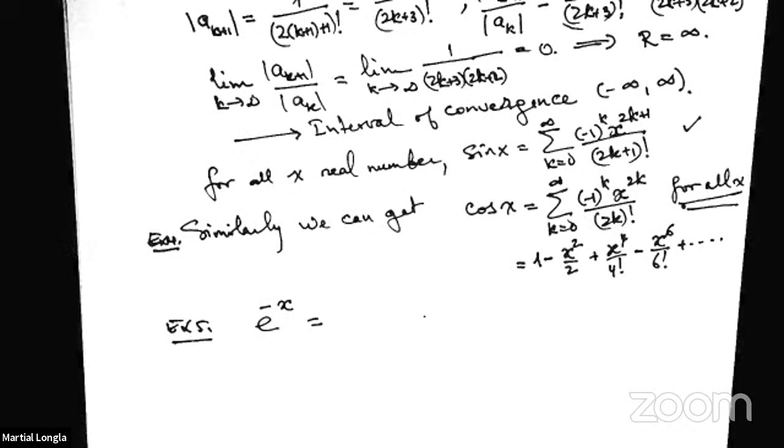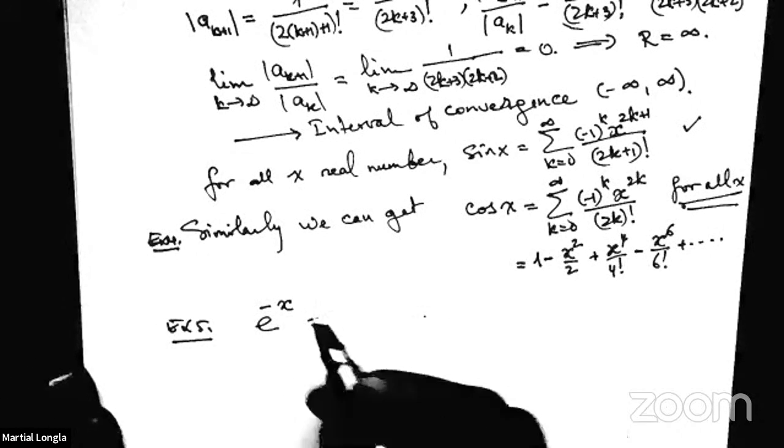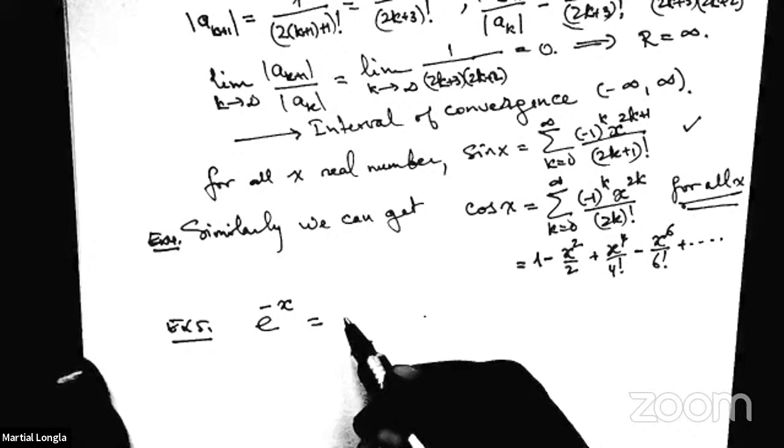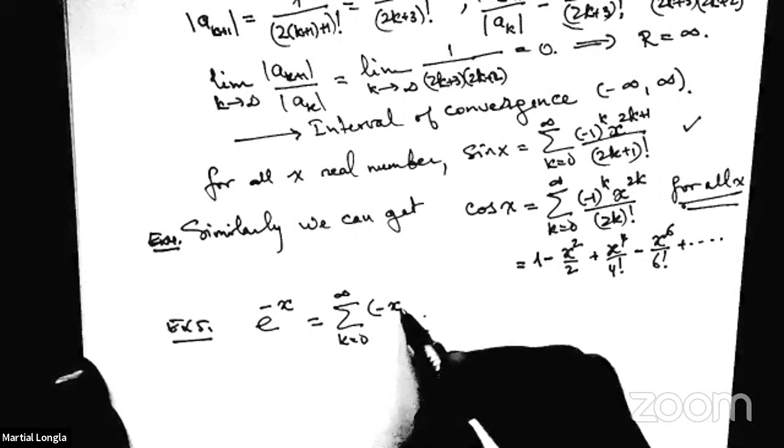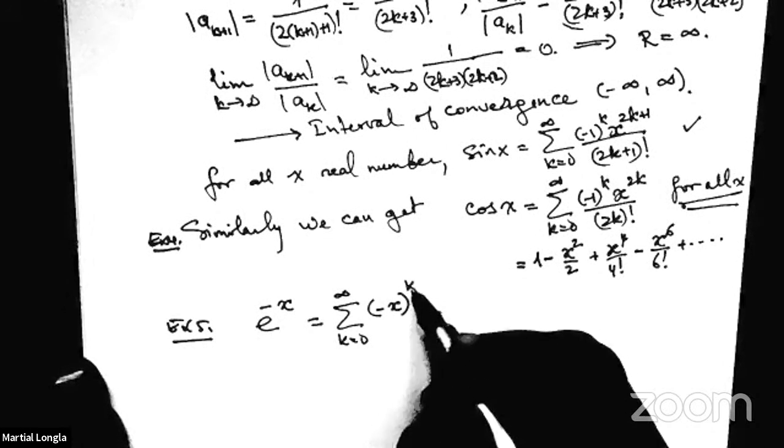So that's what you would do to get the Taylor series of e to the minus x. Just replace x by minus x. So that is the sum k from 0 to infinity, replacing x by minus x.